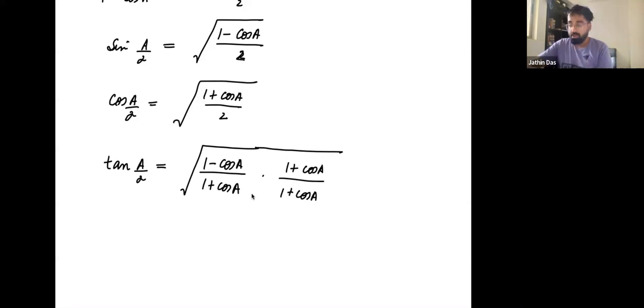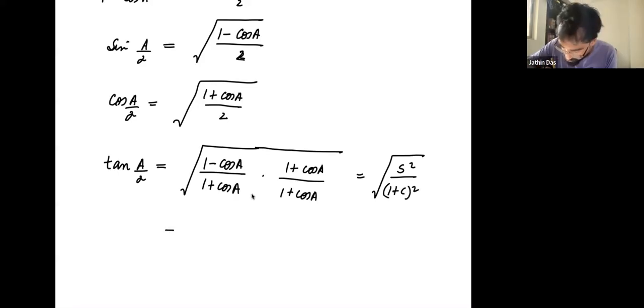Now, if you know from 9th, 10th standard, we used to rationalize. Upper we used to get sine square, and here we get 1 plus cos whole square. So it comes as sine a by 1 plus cos a.